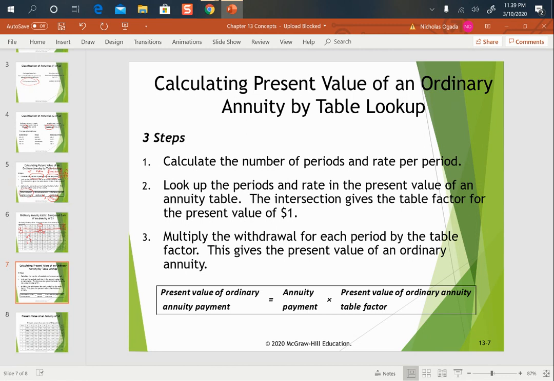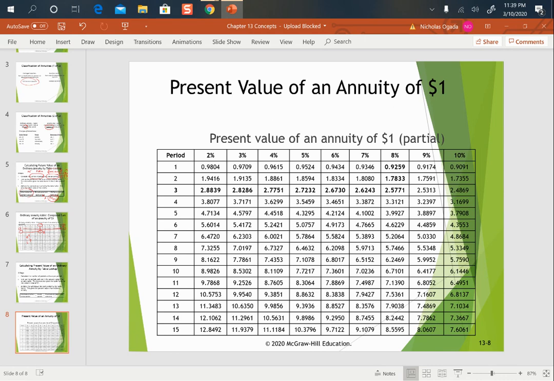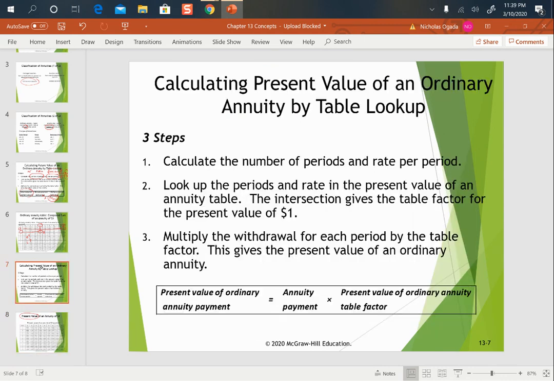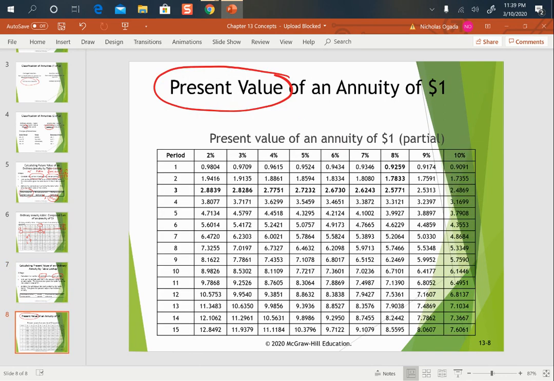In the case of the present value by use of tables, again, it is similar to the future value. The only difference is you'll end up having a different table. So now you have to have a present value table of annuity. And you'll do the same thing. The key idea is to determine, of course, your number of periods and identify your rate per period, and once you've identified this, you'll just go to the table, assuming this is being compounded on a yearly basis and you have 10% for 2 years.